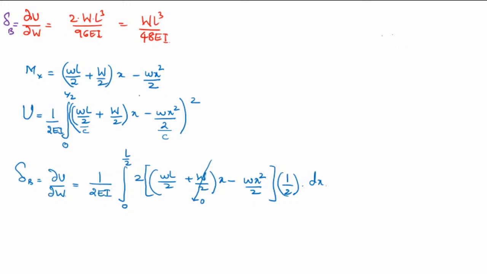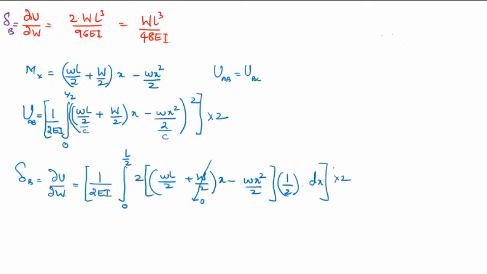So this is the strain energy of segment AB only that I have written. This is a symmetric loading, so the strain energy of segments AB and BC will both be the same. So this should be multiplied by 2, and here also I am going to multiply this with 2.